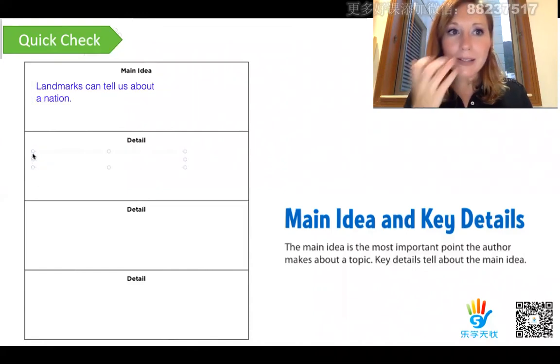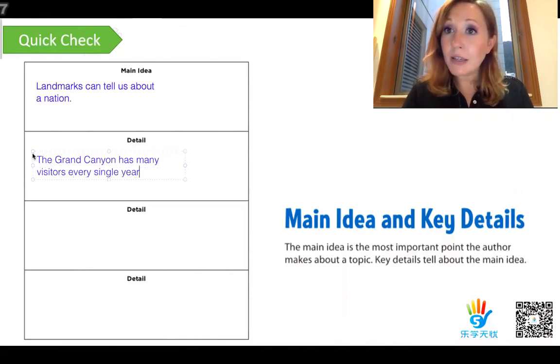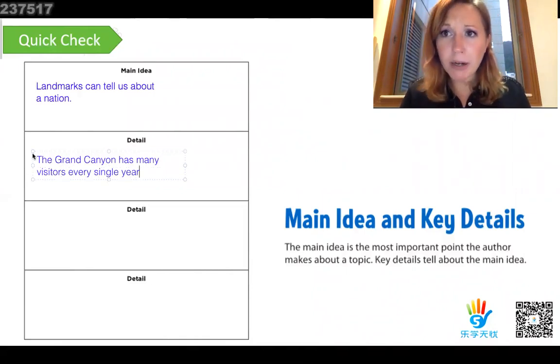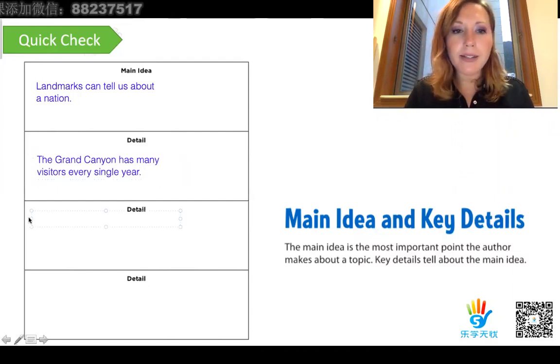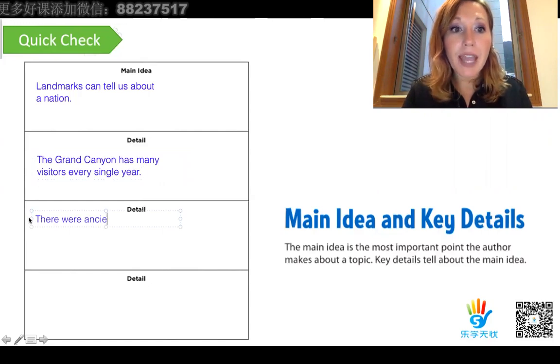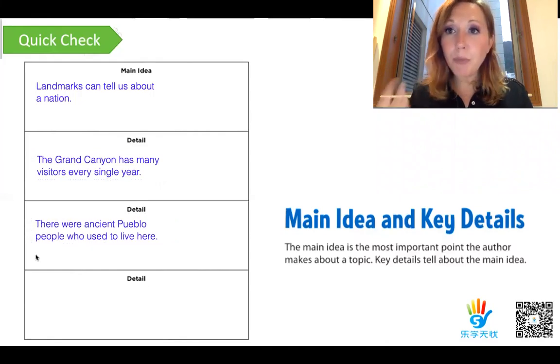Well, one idea that supports this idea is that the Grand Canyon has many visitors every single year, especially people from America go to visit the Grand Canyon. We also know that there were ancient Pueblo people who used to live here. This tells us about some important history in America.